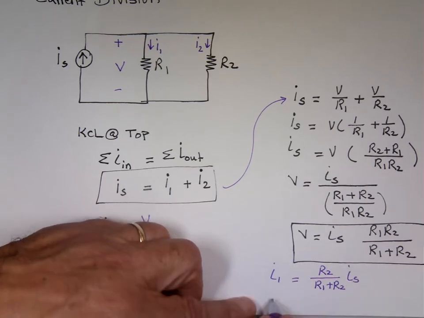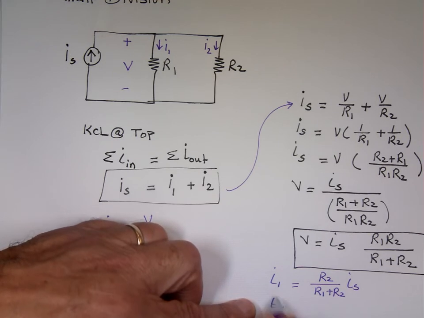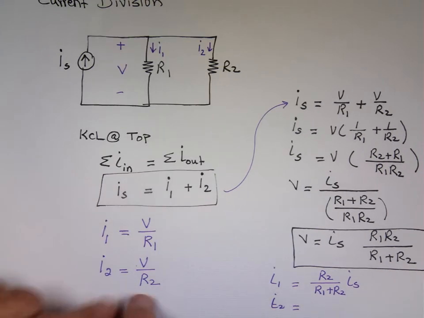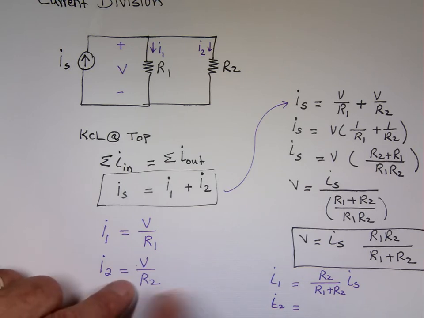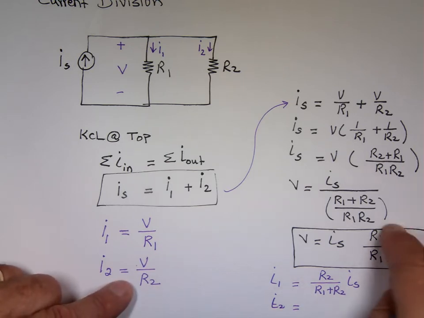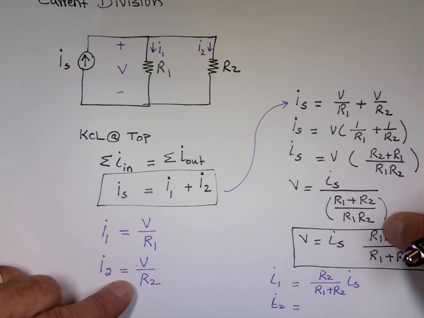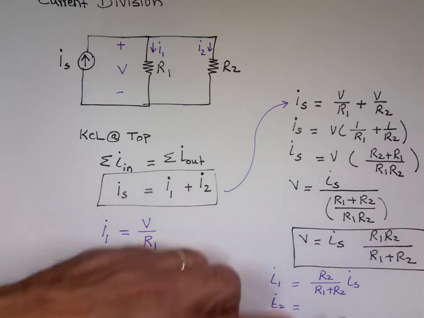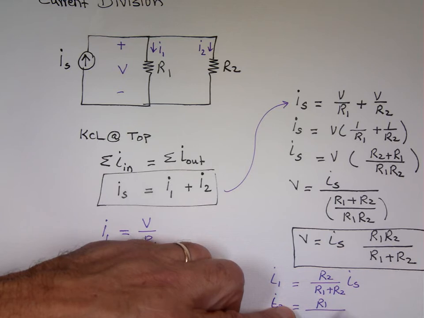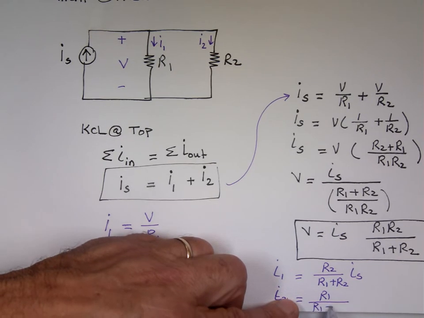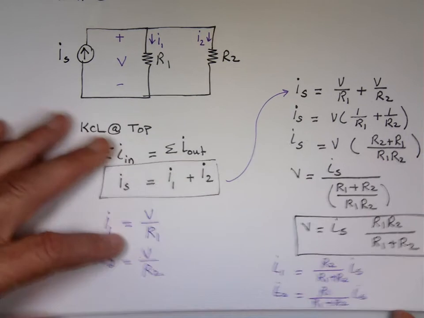And I sub 2 equals what? Here's I sub 2. It's V over R sub 2. So this R sub 2 will cancel R sub 2 on the top. If you take R sub 2 out of this, what do you have? R sub 1 over R sub 1 plus R sub 2 times I sub S. And those are the equations for current division.